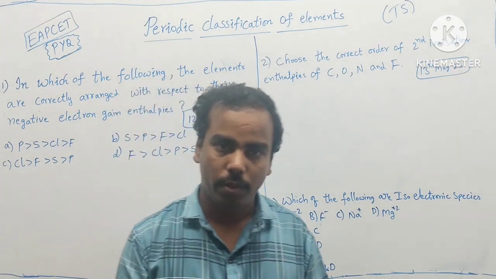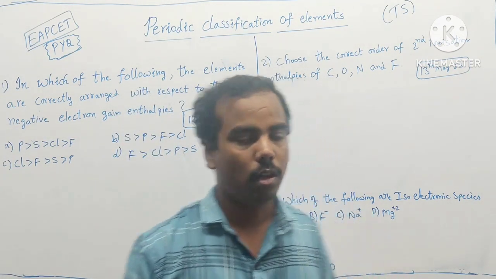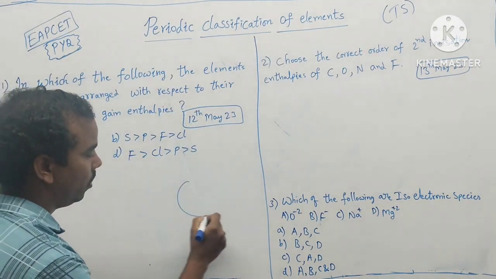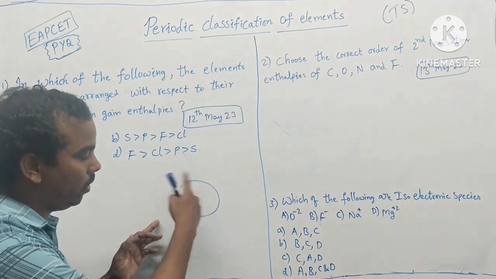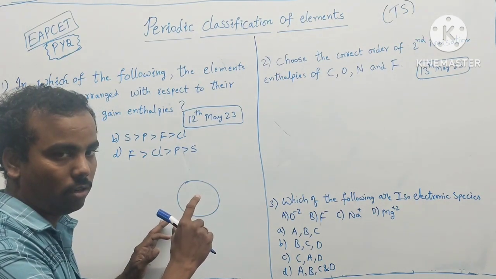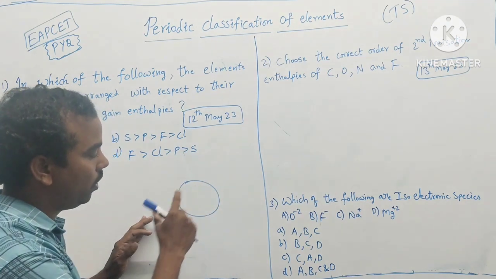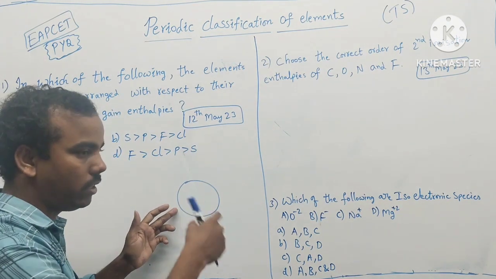Electron gain enthalpy or electron affinity, both are the same. Electron affinity means if you take an isolated neutral gaseous atom, isolated means single, there is no charge present on the atom, that's why it is called neutral, and it exists in the gaseous state.